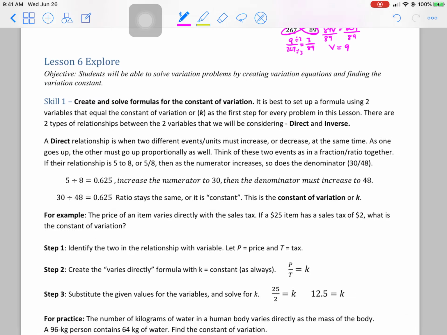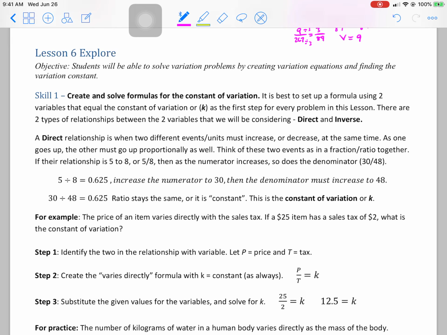All right. Lesson 6, we're supposed to be able to solve variation problems by creating variation equations and finding the variation constant. All right, we're using the variation word over and over again.